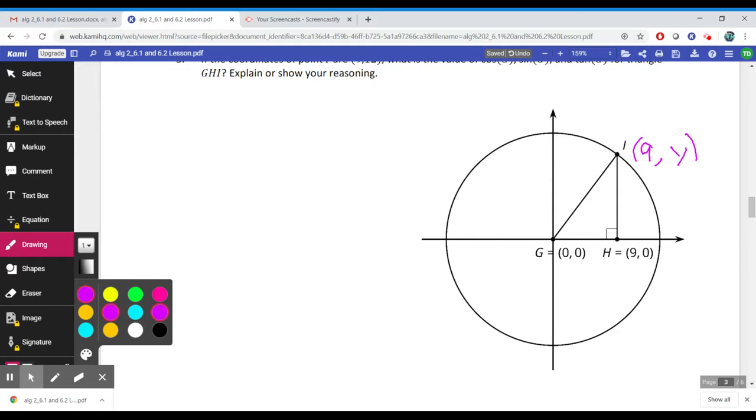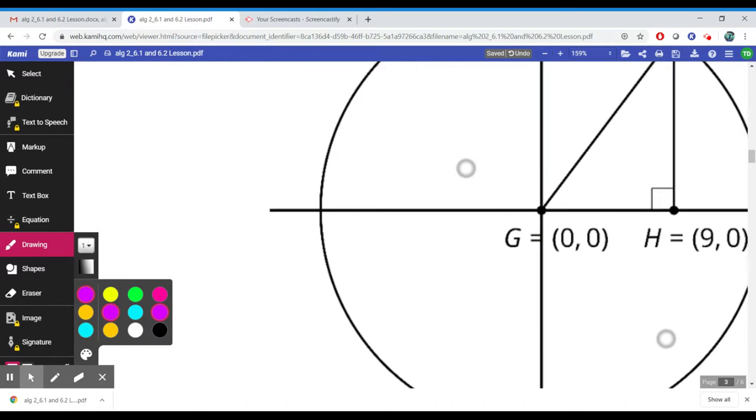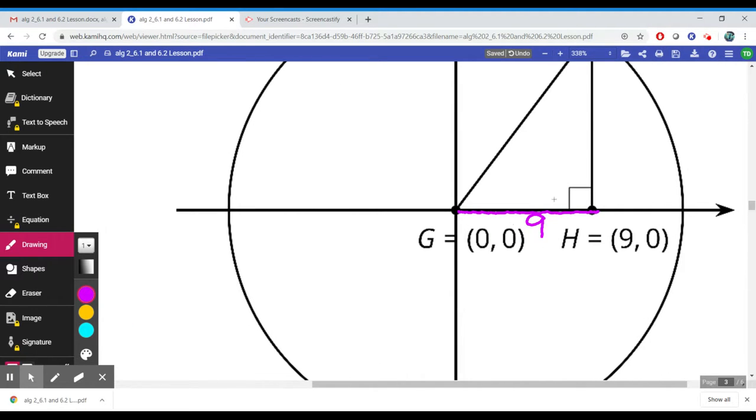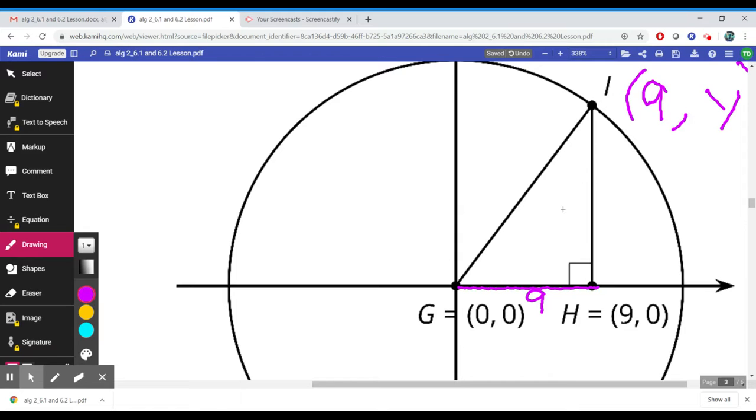So before we can talk about what the sine, the cosine, and the tangent are, we're going to need to know what all of the side lengths here are. We know that this side length is 9 because we have to go out 9 units to get to this point. So our next step is going to be to find out what this height is here.